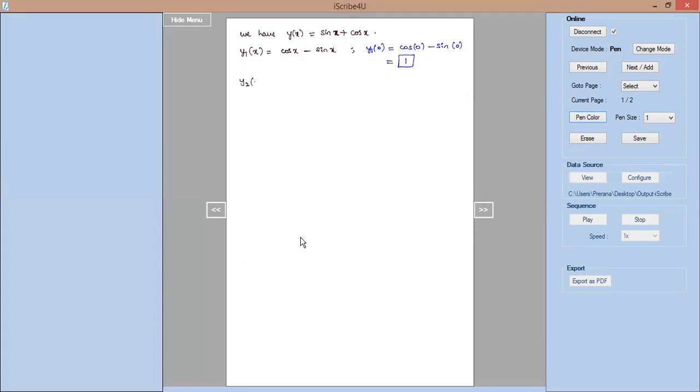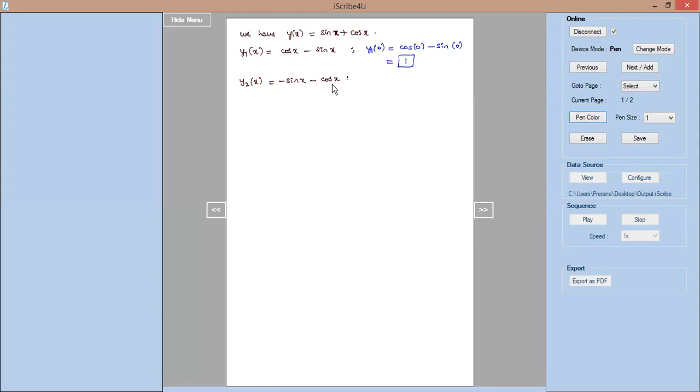Now the next differentiation to obtain y2 of x. Differentiation of cos x is minus sine x, and differentiation of sine x is cos x. I've written the minus sign as it is, and differentiation of cos x as minus sine x, and differentiation of sine x is cos x.